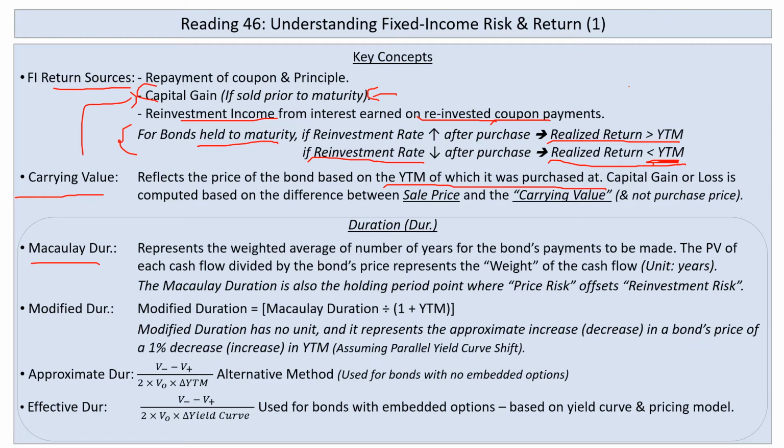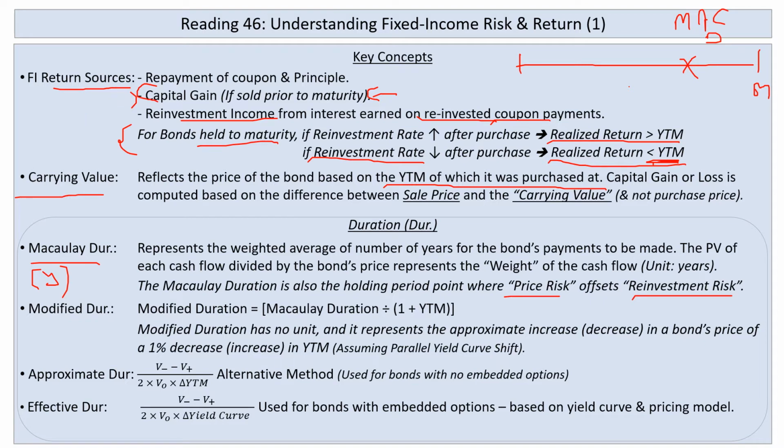Now let's talk about Macaulay duration. Macaulay duration, first of all, is denoted in years. Say this is Mac duration, the point at which price risk offsets reinvestment risk.